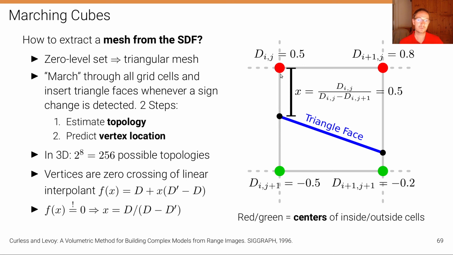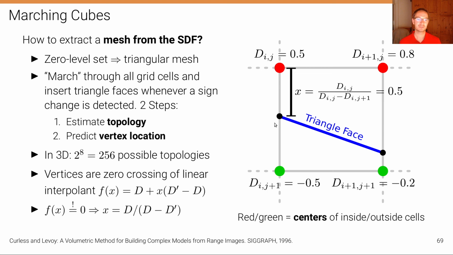But we don't know exactly where the vertices are. So where should we locate the vertices? Well, if we have signed distance values, then a reasonable thing to assume is that these vertices are at the zero crossing of a linear interpolation between these two. If we take a line and pass it through these two values, minus 0.5 and plus 0.5, where that line intersects 0, this is the best possible vertex for the triangle face, because this is the zero level set.